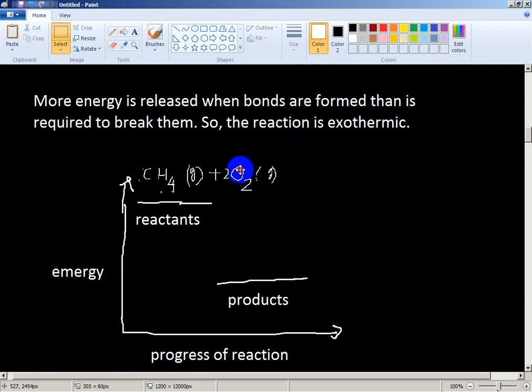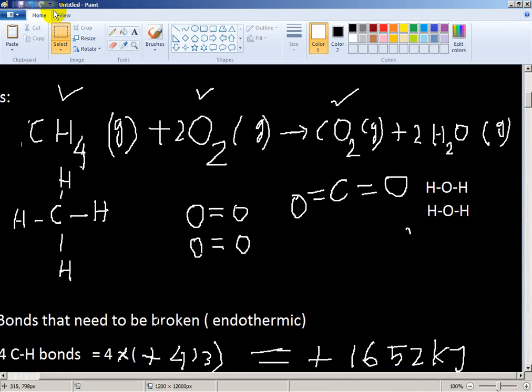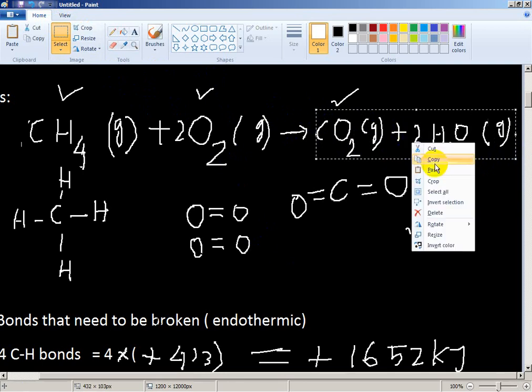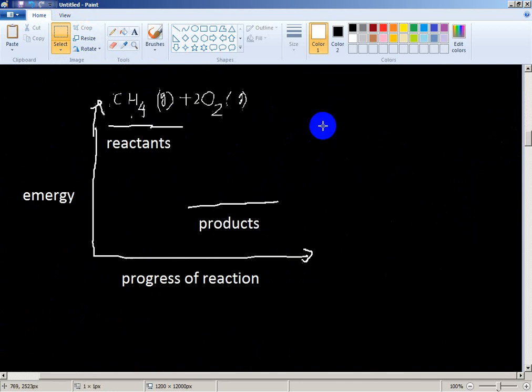Okay, the product is CO2 and H2O. You have to write it. I can copy paste here because writing is not easier. This is the products.